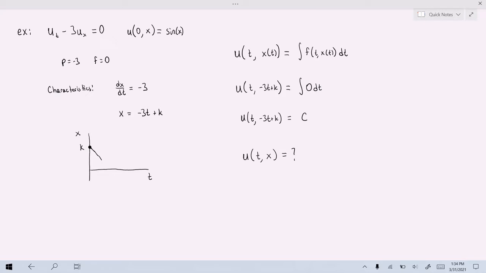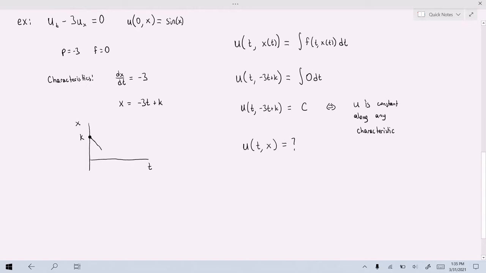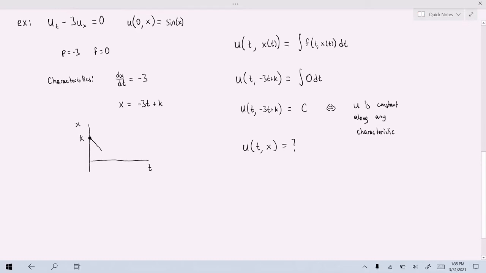And what we have right now is that the solution u is going to be constant along any of the characteristics. Okay. So we can actually figure out an expression for u of t, x.